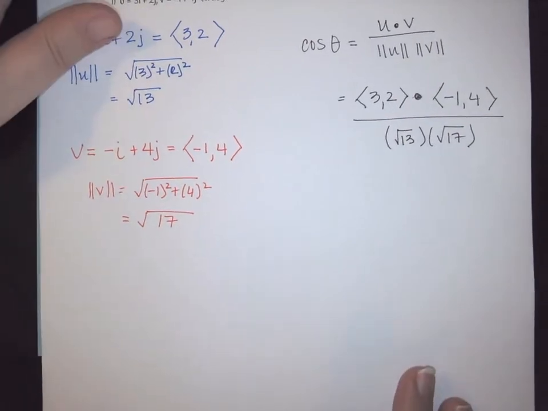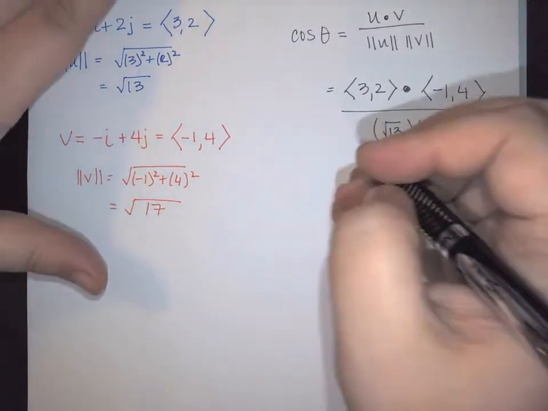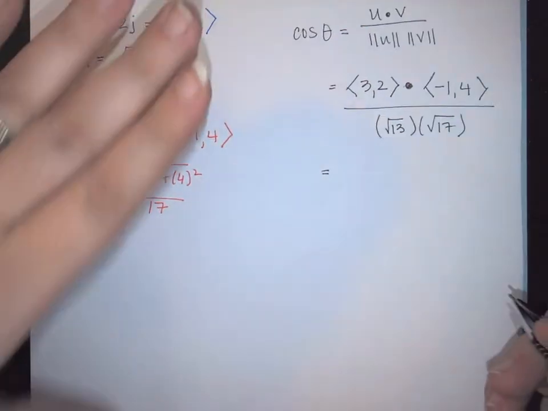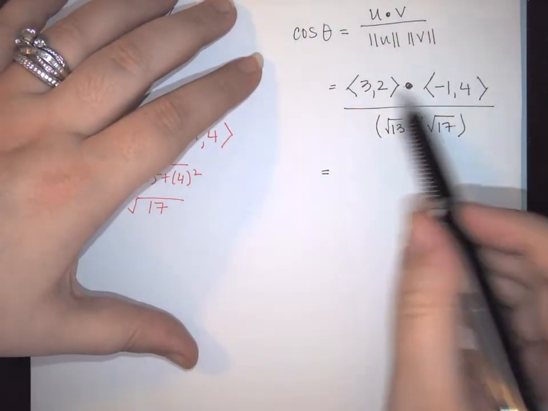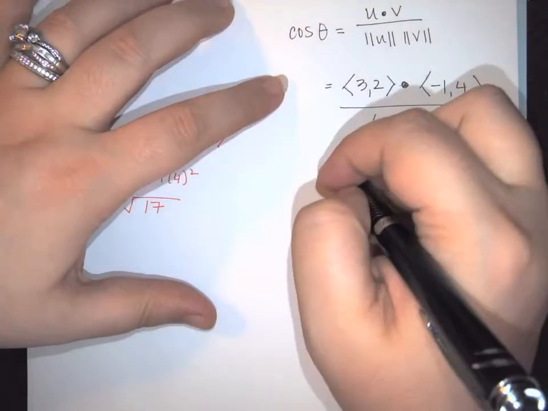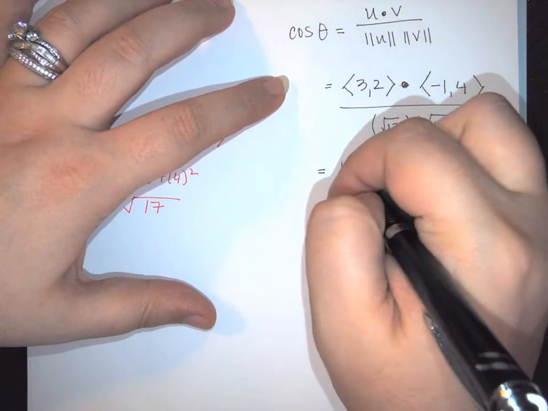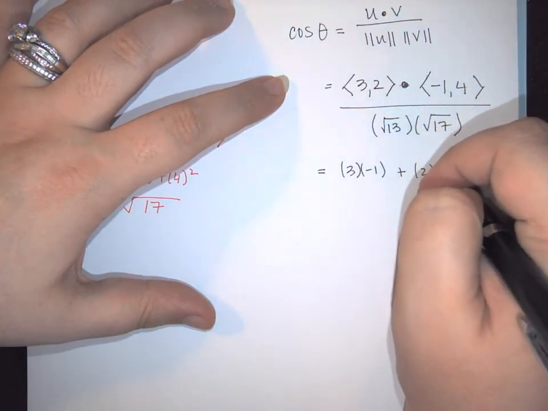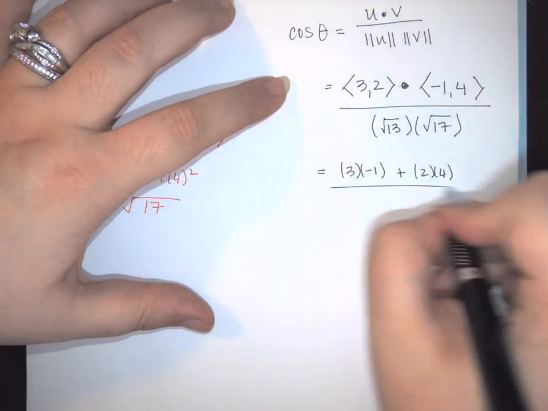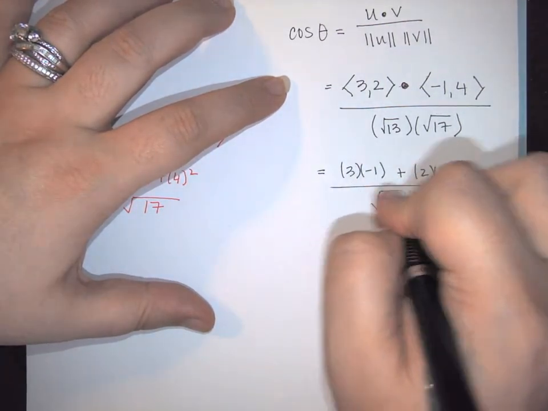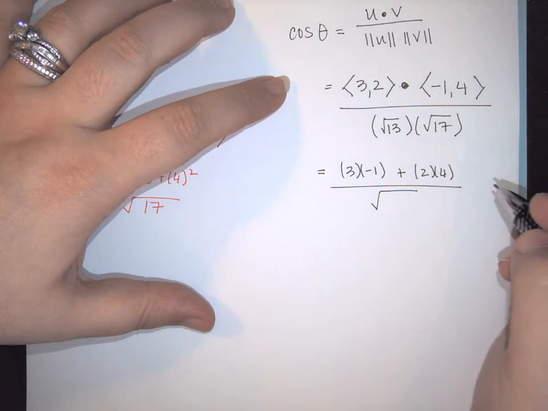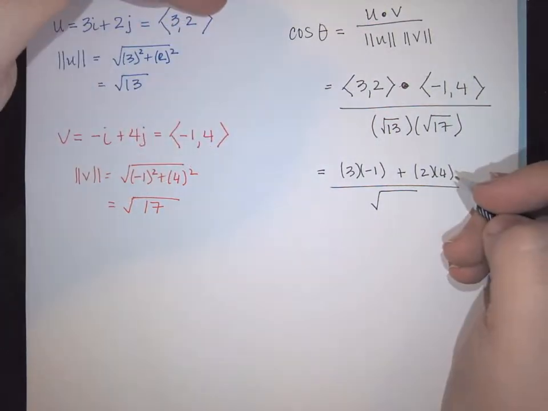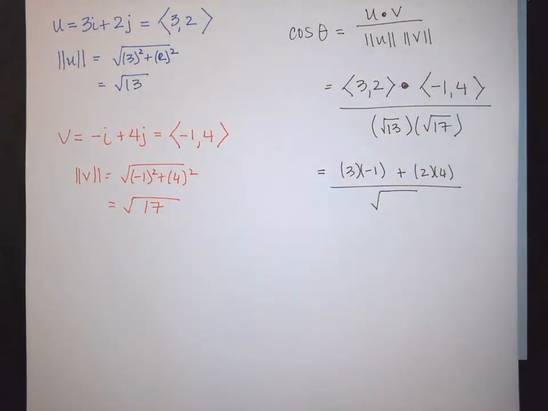Alright, so with this, we need to find the dot product. Across the top, you are going to have 3 times negative 1 plus 2 times 4. And then we've got the multiplication on the bottom, 13 times 17, which is going to be 221.